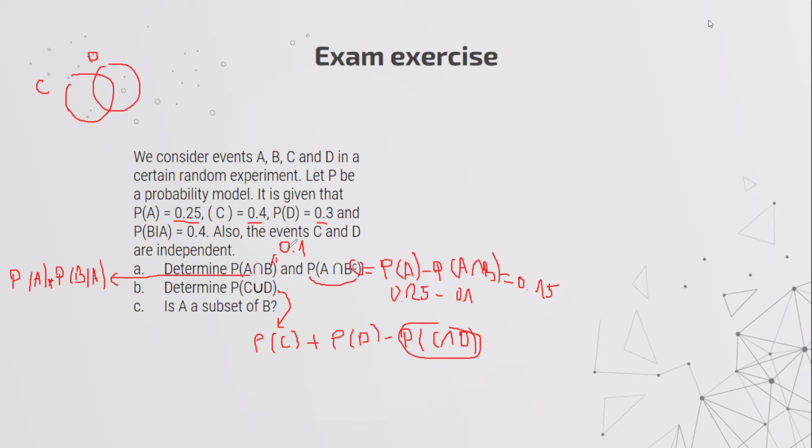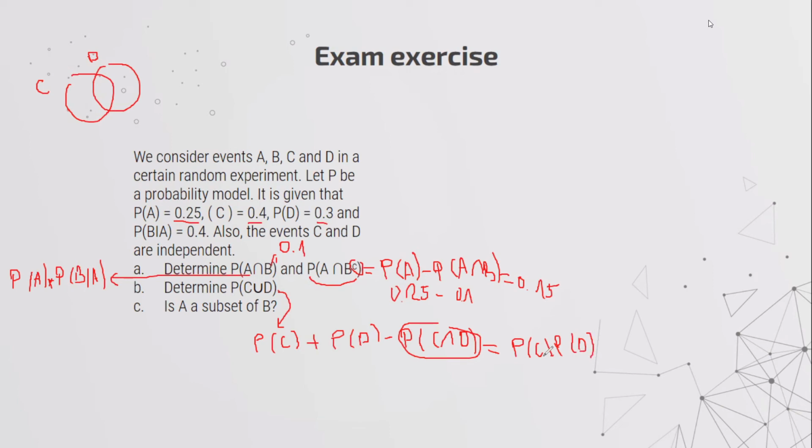We are also told that C and D are independent. And if they're independent, that means that this thing here should equal the probability of C times the probability of D. That is the same as the previous exercise.